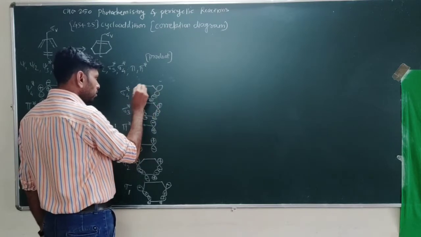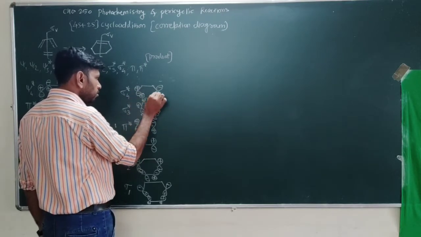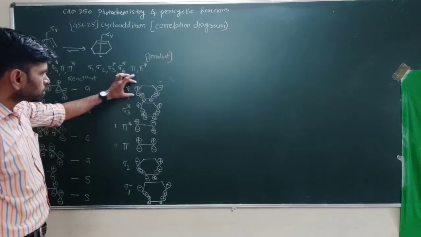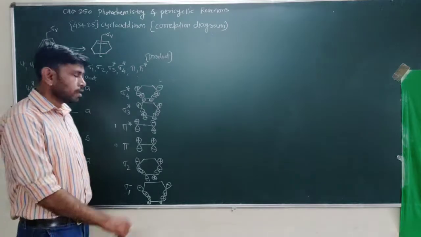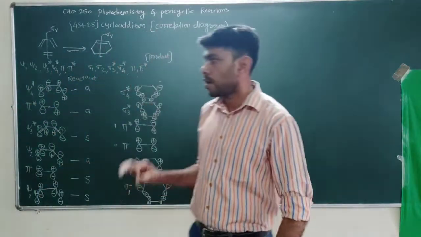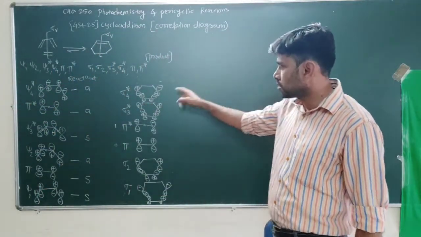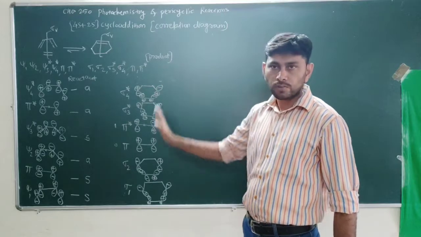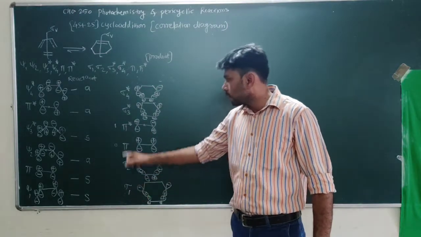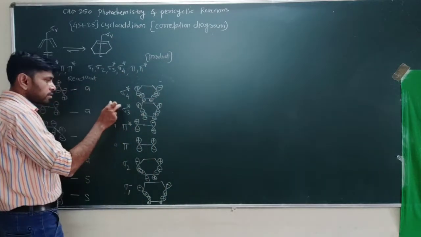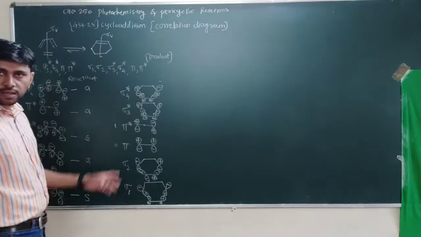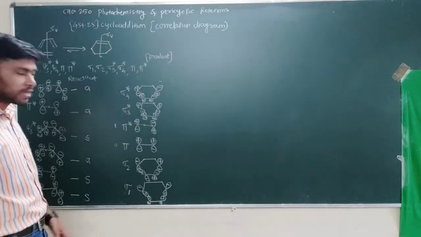So here C2 symmetry, plus minus minus plus. Both have C2 symmetry but are anti-bonding, with plus minus overlap. Opposite sign overlap is there, and due to opposite sign overlap this shows anti-bonding. So we have drawn all the product orbitals: sigma 1, sigma 2, pi star, sigma 3 star, sigma 4 star, arranged energy-wise according to their symmetries.